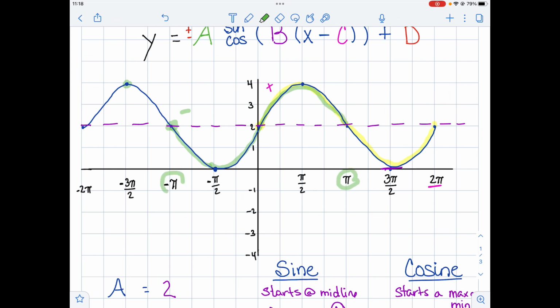But it started at negative pi. And each of these little blocks, if you notice, I've skipped every other one, is worth 1/4 of a pi. Okay, so we can think about how far we went. We have 1, 2, 3, 4, 5, 6, 7, 8 quarter pi's.